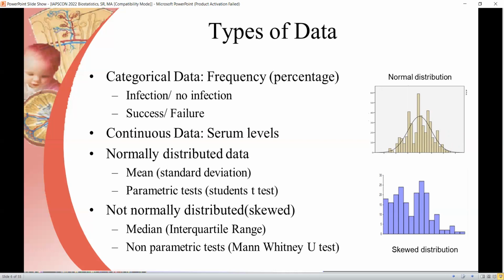For example, if you have some 250 odd samples, you don't have to create a bar diagram. There are normality tests. I'm not going to go into those details, but if you do those tests, then you will know which statistics to use. But you yourself may roughly know that most of the patients are falling in the middle. For example, take serum creatinine: most of them are falling around 1, very few are high, very few are low. So you will know yourself.